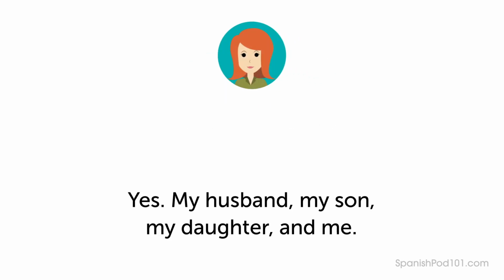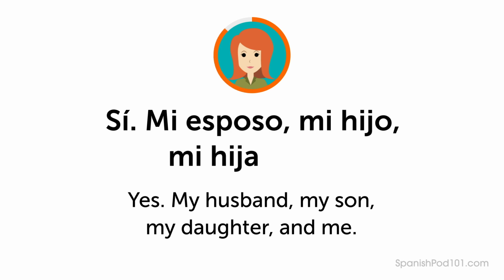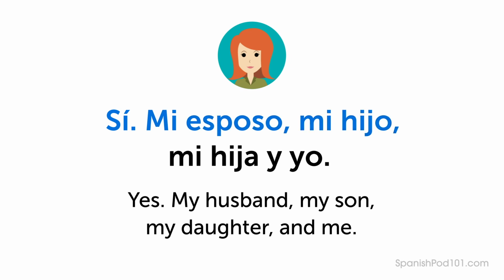Let's take a closer look at the response. Do you remember how Karen says, yes, my husband, my son, my daughter, and me? Sí, mi esposo, mi hijo, mi hija y yo.